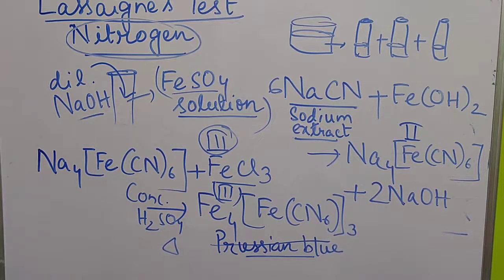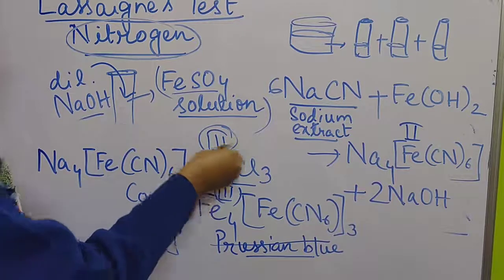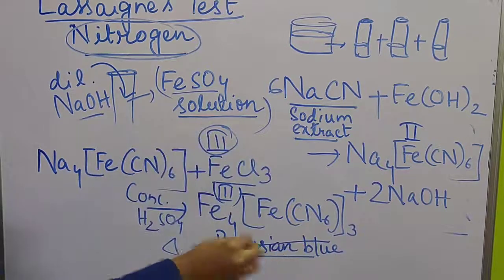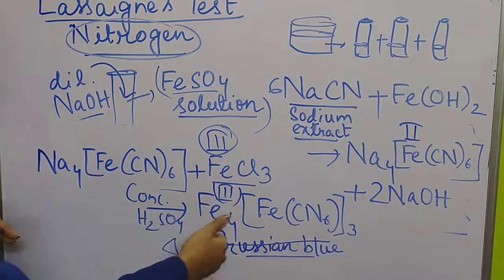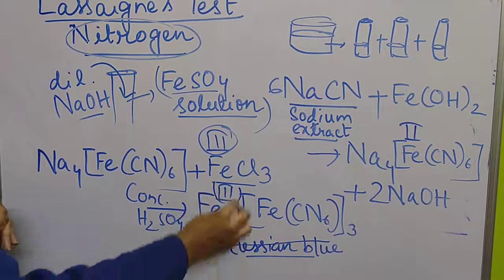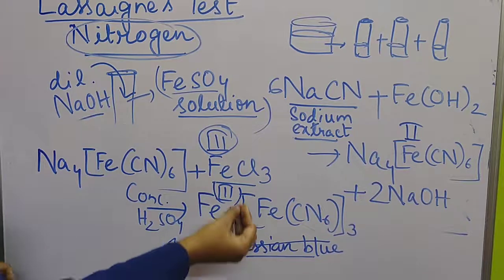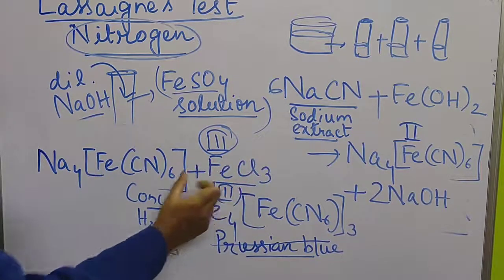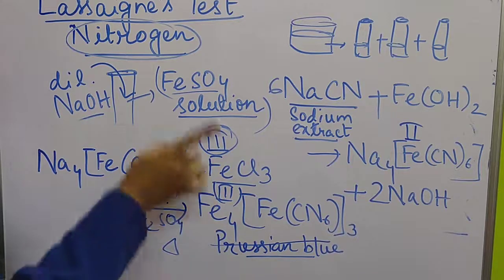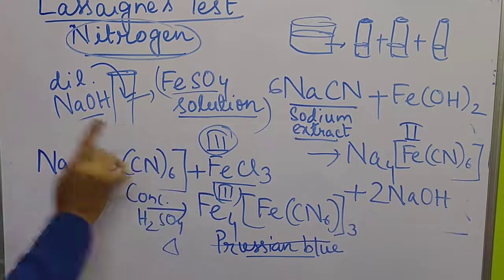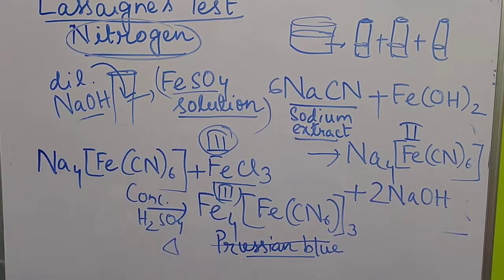Always adding this compound is not necessary. If you heat this in presence of H2SO4, then normally the Prussian blue color comes. But if the Prussian blue color is not coming, then you can add a little amount of ferric chloride. Then the Prussian blue color will obviously come if the sample contains nitrogen. So this test is for nitrogen.